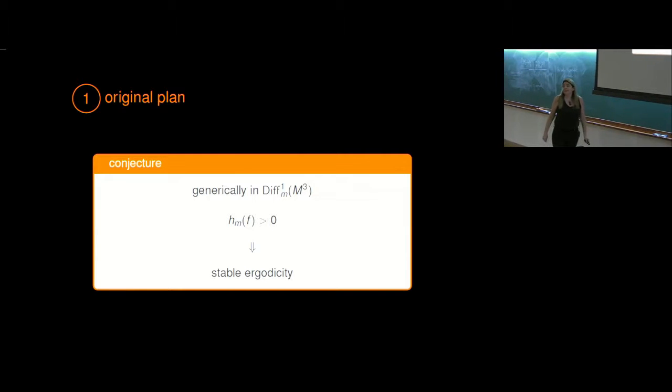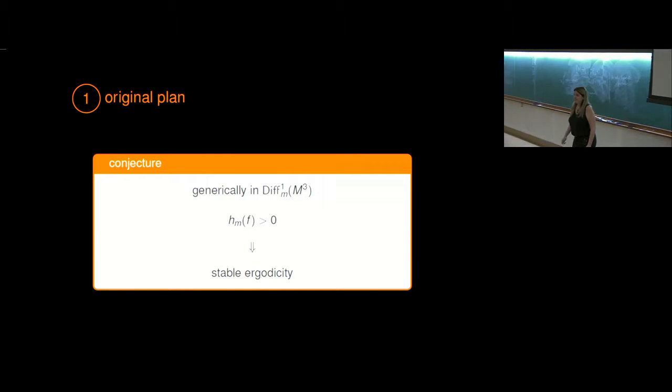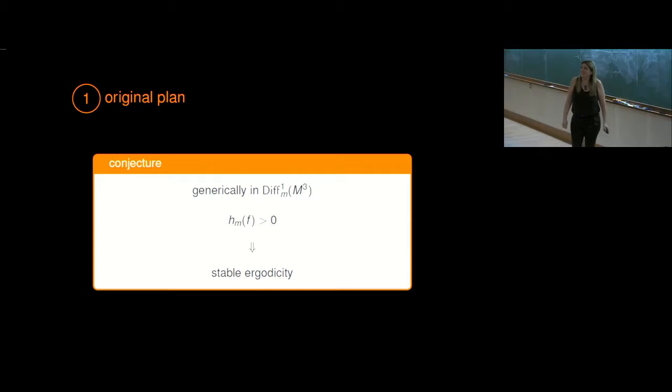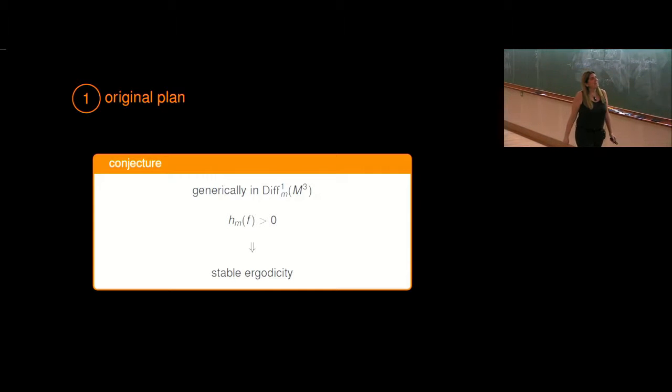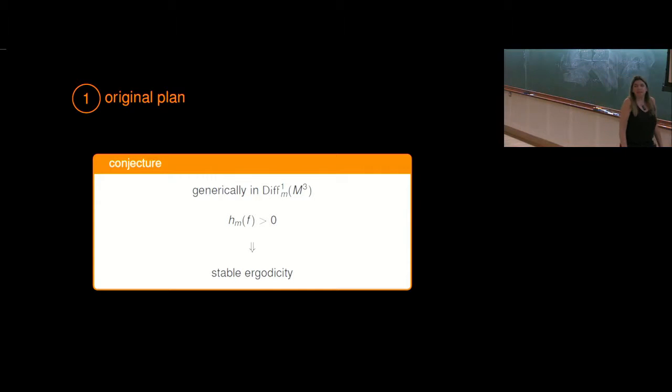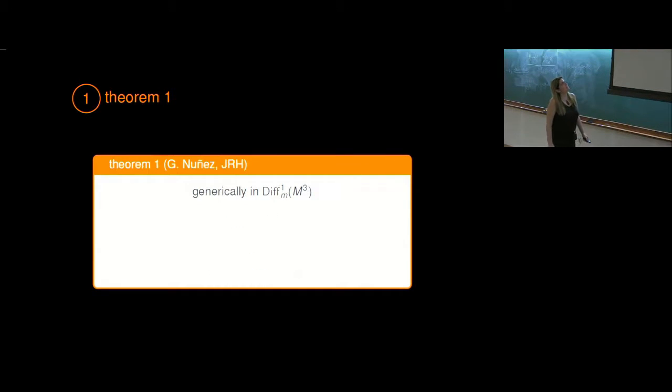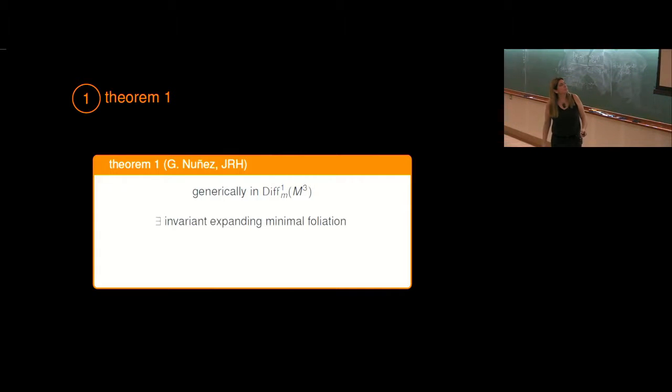So, well, I killed my student with this. He struggled with this for years. But we discovered many interesting things together. And finally, we got that adding a hypothesis, we could get stable ergodicity.